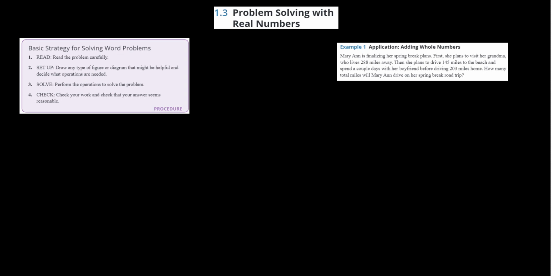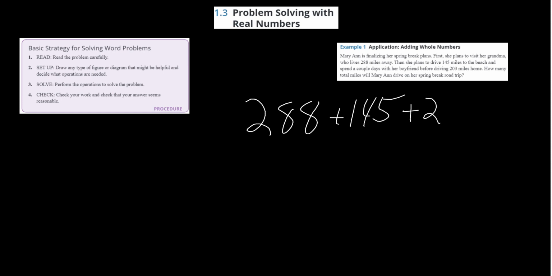Well, we're wanting to know how many total miles she drives, right? For the first stop, she goes to visit grandma, then she goes to the beach, then she visits her boyfriend. This seems pretty cut and dry. So she drives 288 miles, plus 145 miles, plus 203 miles.